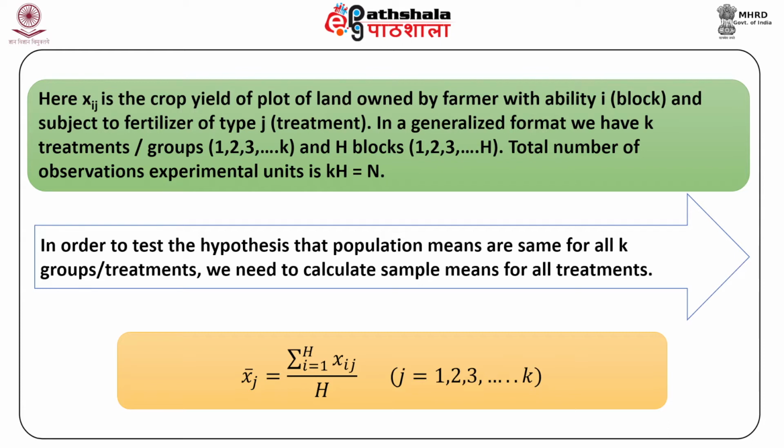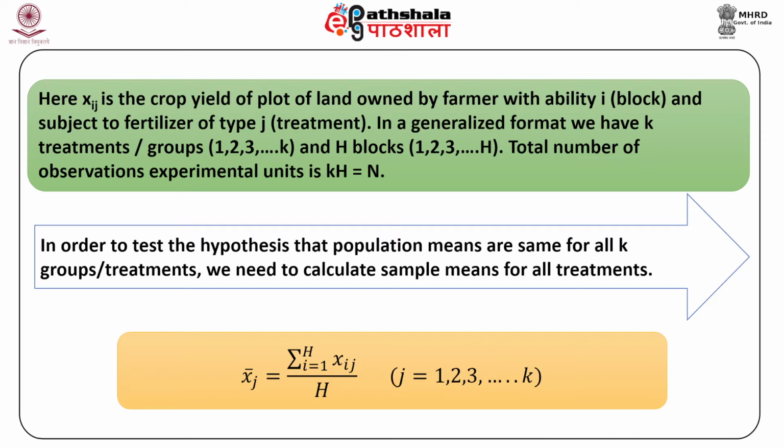In a generalized format we have K treatments or groups ranging from 1 to K, and we have H blocks from 1 to H. The total number of observations or experimental units is small k into H and is equal to capital N. In order to test the hypothesis that population means are same for all K groups or treatments, we need to calculate sample means for all treatments.